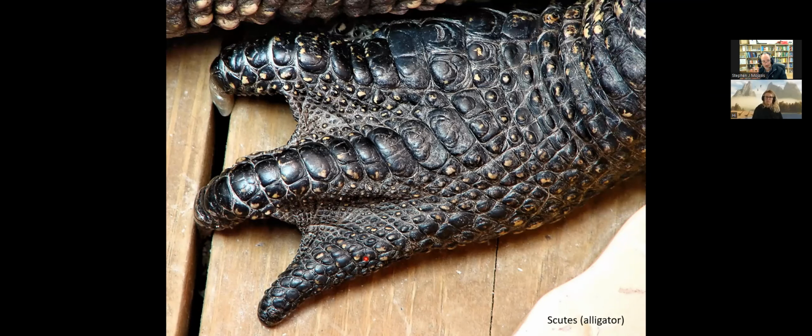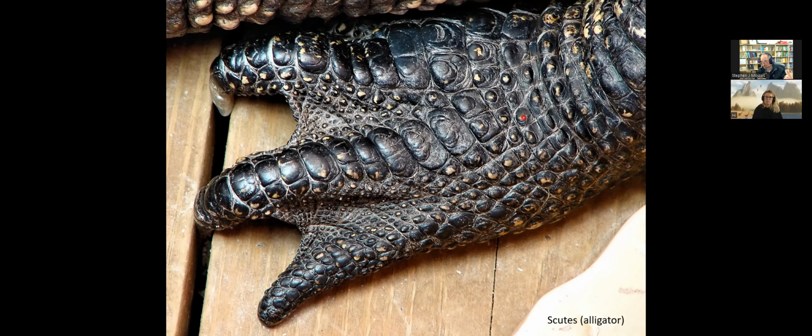This is some of that scaly skin that I mentioned. This material is called scutes. A scute is one of these kind of scaly skin structures. Very, very common in birds and bird feet, and in some other parts of birds, like around the neck and so on.